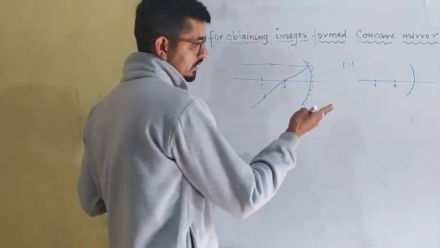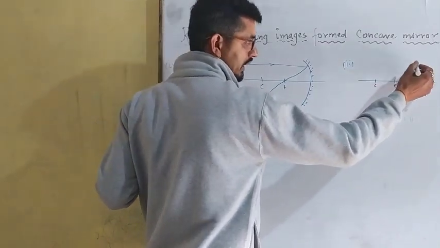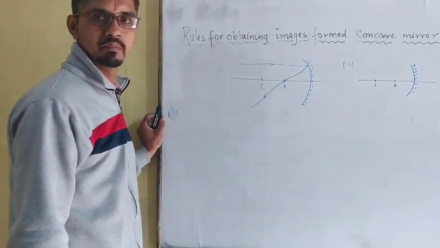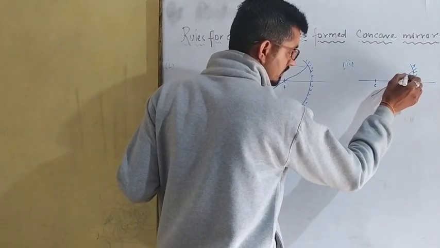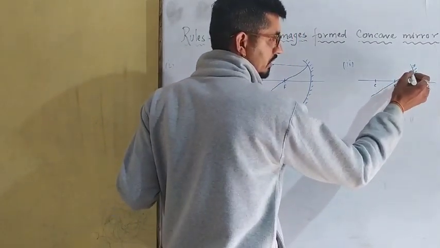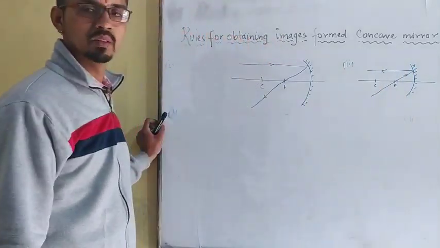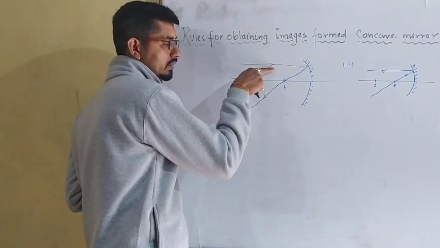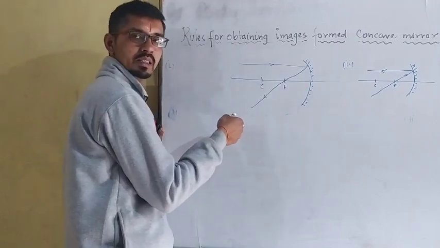If a light ray passes through the focus, after reflection from the mirror, it becomes parallel to the principal axis. That means if a light ray passes through the focus, after reflection from the concave mirror, it becomes parallel. Okay, the arrow is telling everything. This means that the light ray is coming from here, and after reflection it is going like this.